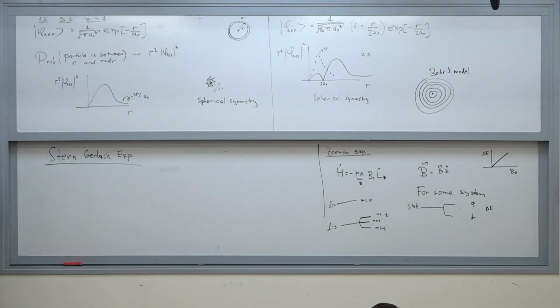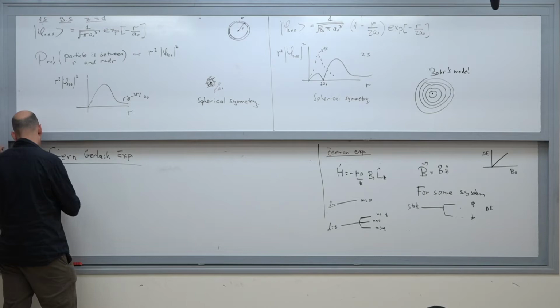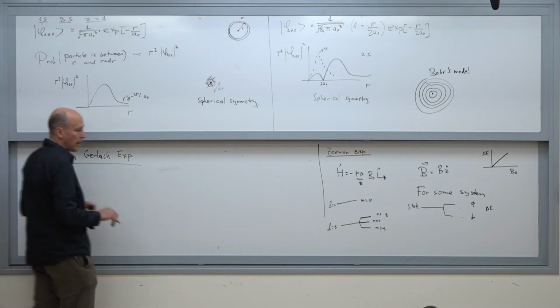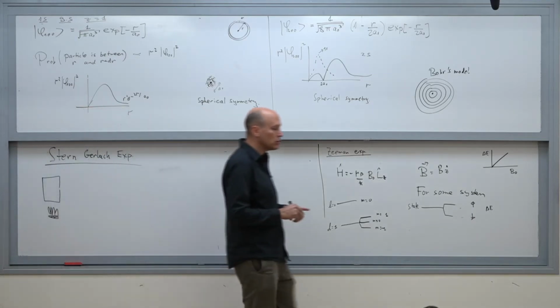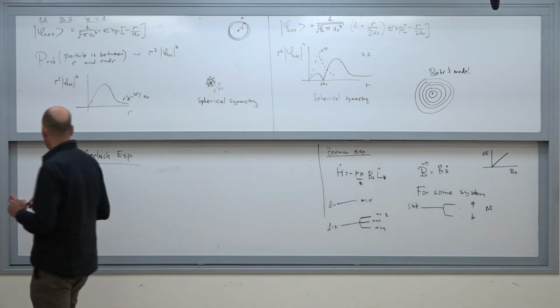And the story is something like this. We take a furnace. So this is a fire. It means that the atoms inside, these will be silver atoms in a gas, for a reason that I'll explain later.